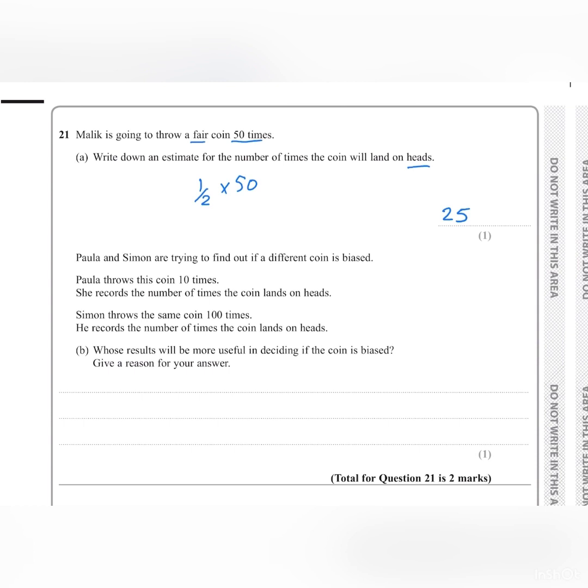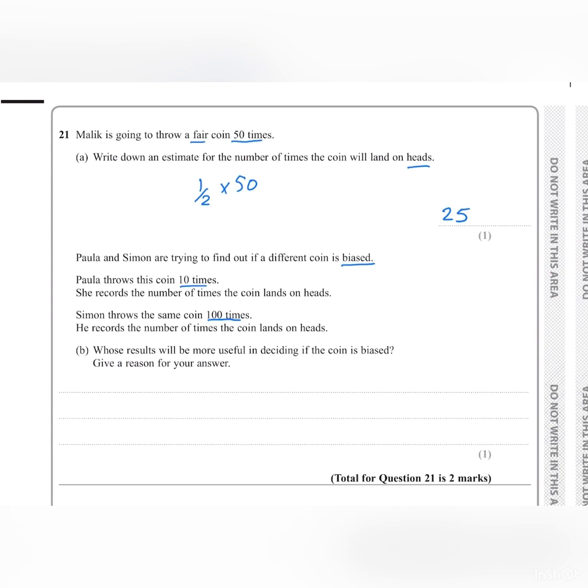Okay, now Paula and Simon are trying to find out if a different coin is biased. Paula throws a coin 10 times and she records the number of times the coin lands on heads. Now Simon throws the same coin 100 times and he records the number of times the coin lands on heads.